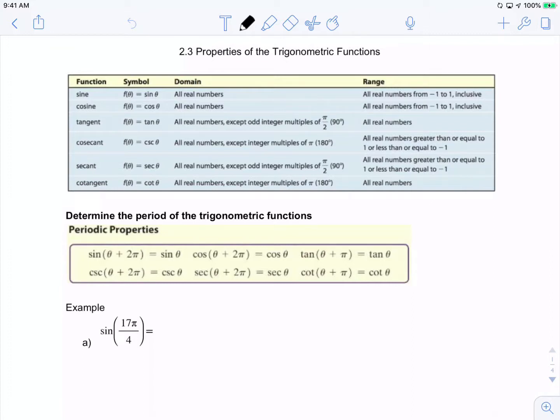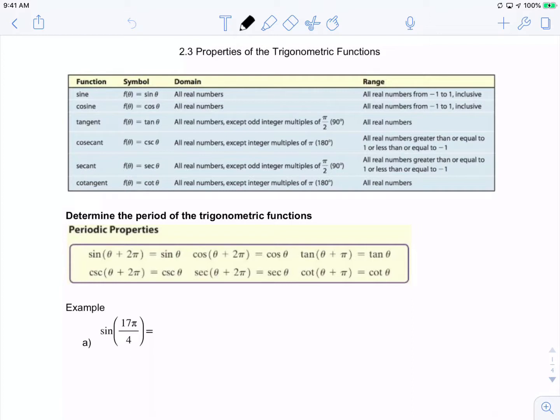Hello class. Today we're going to be going over section 2.3, properties of trigonometric functions. This first chart that I'm providing for you indicates the domain and range for each of the trig functions: sine, cosine, tangent, cosecant, secant, and cotangent.